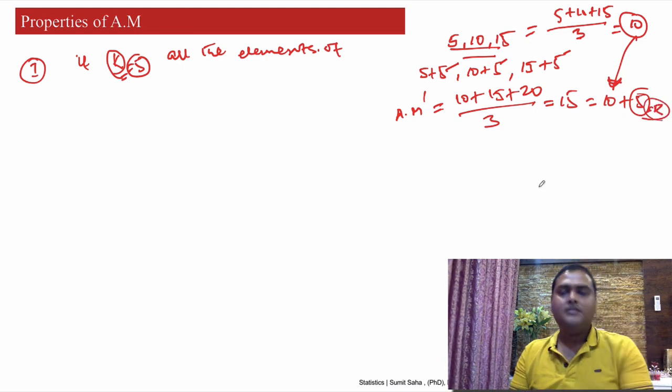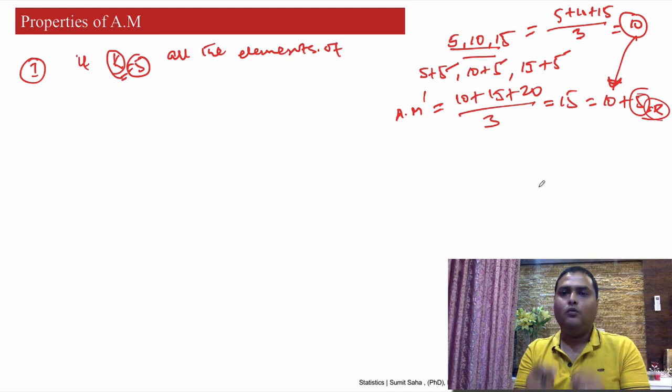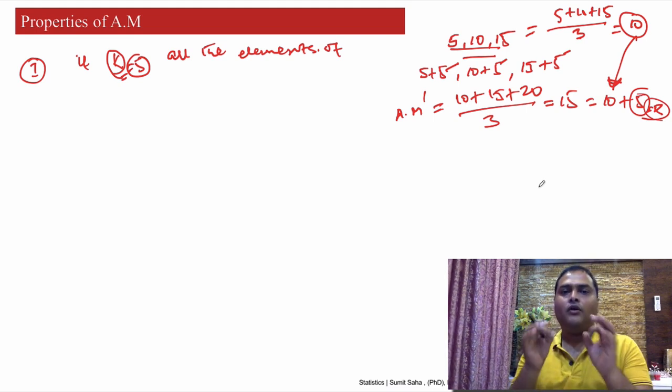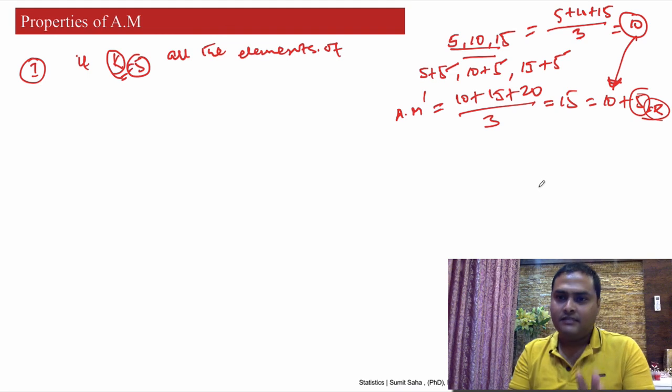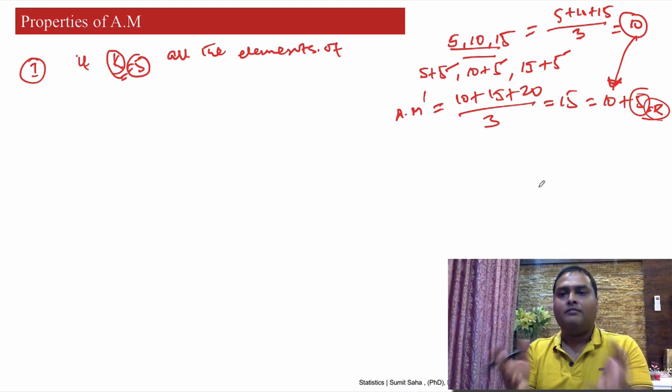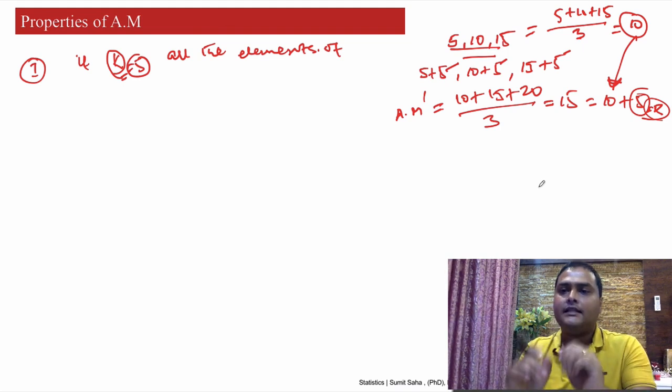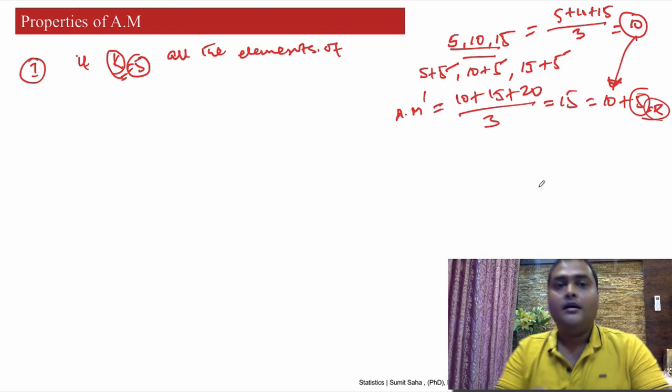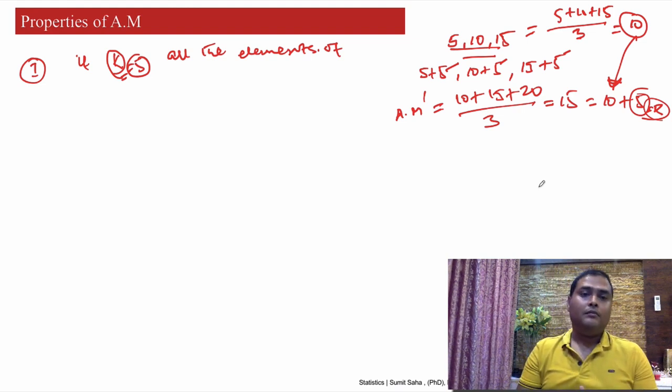So if you are adding a constant value k with all the elements of a given observation, then the arithmetic mean of that observation will also be increased by the constant value, in this case 5. Now the question is, is it only applicable for addition?